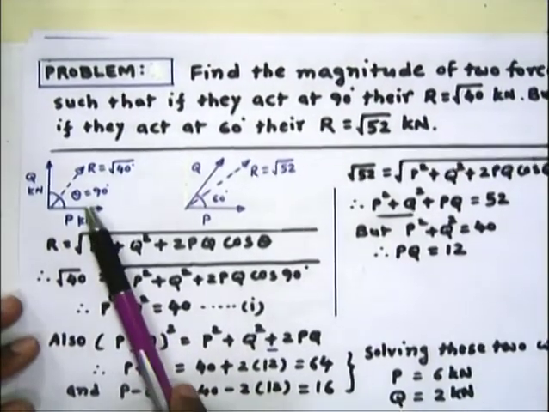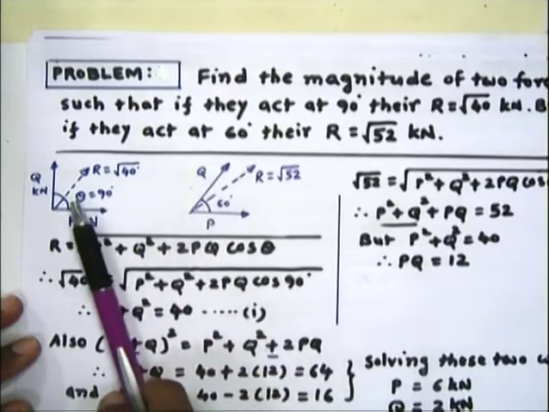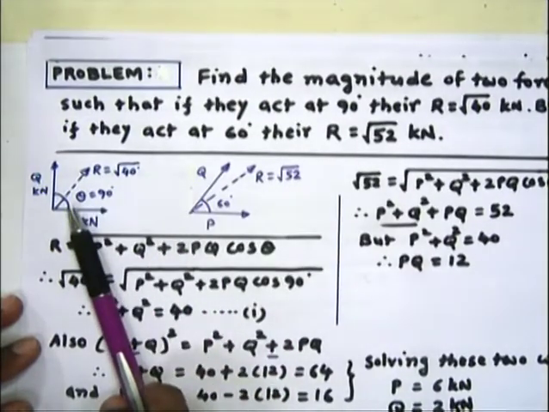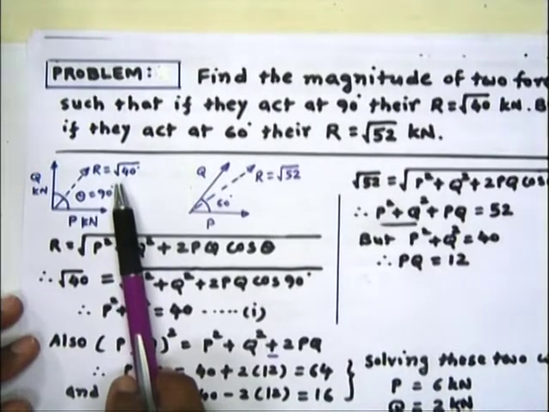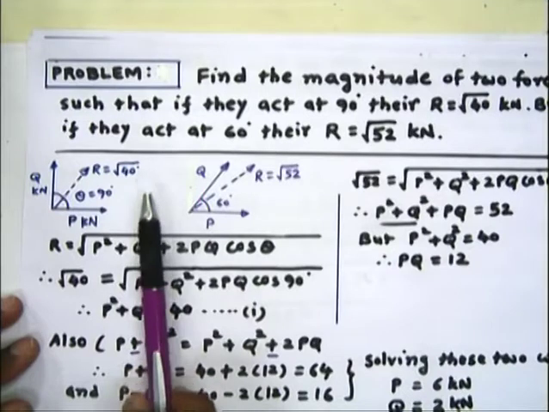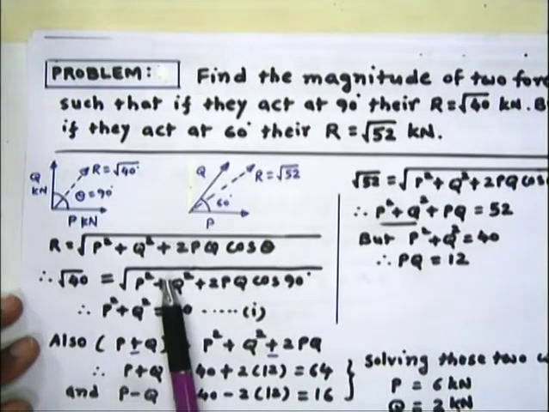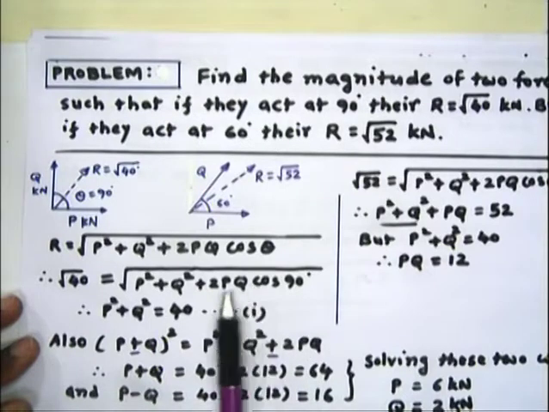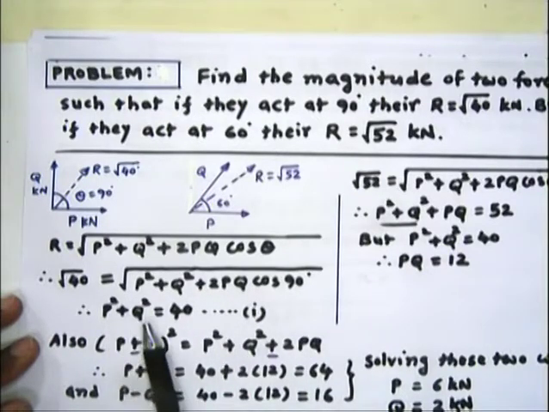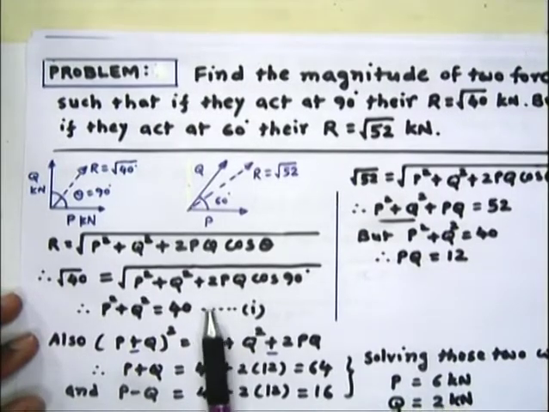In one case P and Q are unknown, and here also P and Q are unknown, but here the angle between them is 90 degree and their resultant is given as root 40. So putting these values, R is equal to root of P square plus Q square plus 2PQ cos 90, and this part will become 0 because cos 90 is 0. So we will have P square plus Q square is equal to 40, right? This is one.